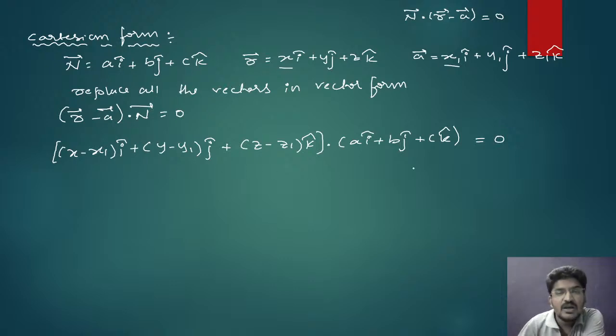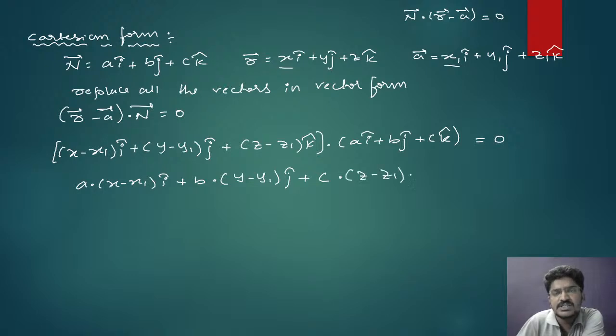Okay. Now you solve the dot product, that will be a dot x minus x1 i cap plus b dot y minus y1 j cap plus c dot z minus z1 k cap will be equal to 0.